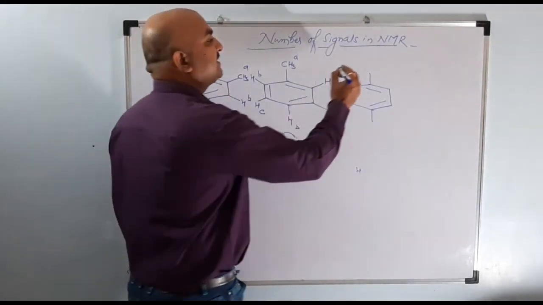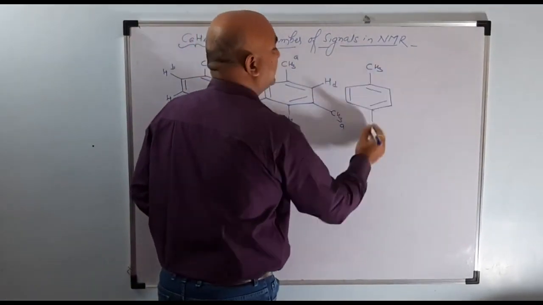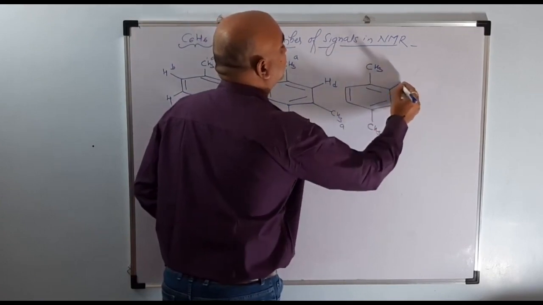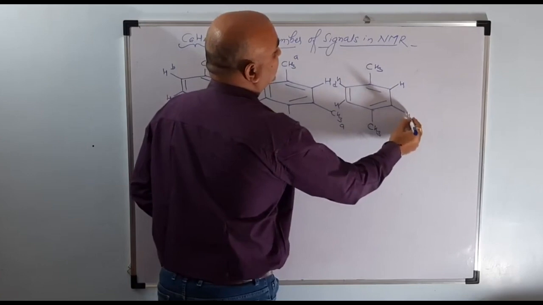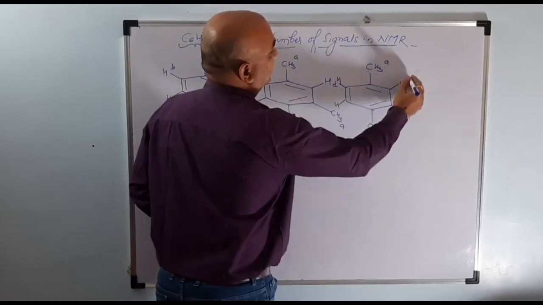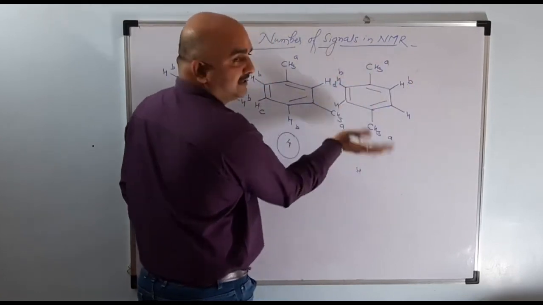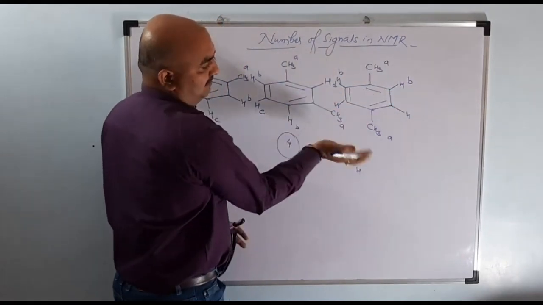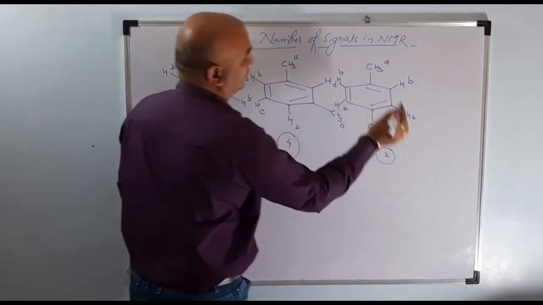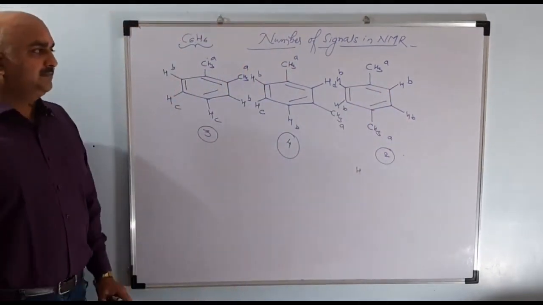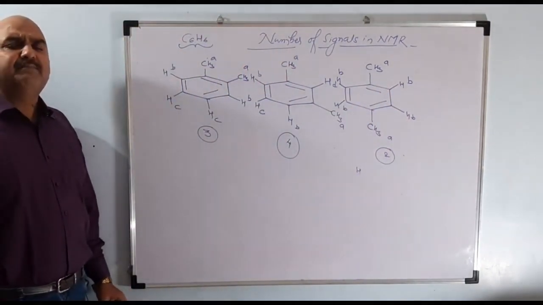Now we are going to discuss para disubstituted. When it is para disubstituted, it is very interesting. This is AA. If it is BB, please see, this is only the replication of this, so it is also BB, so we are having only 2 sets of the proton. It is a very interesting and important example.